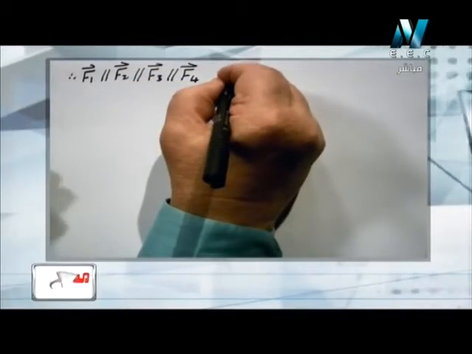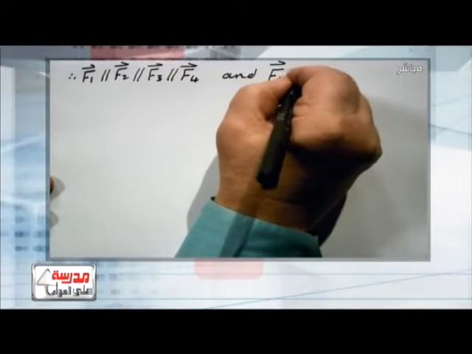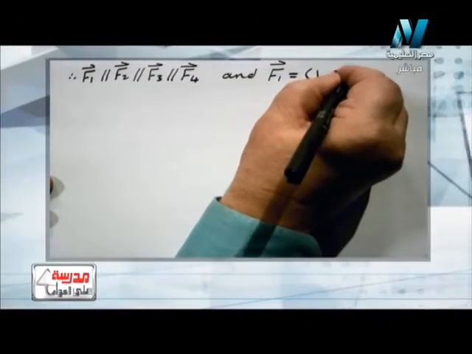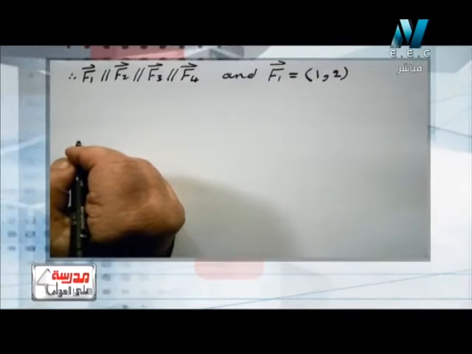And he says that also F1 vector equals I plus 2J. يبقى coordinate vector 1 and 2. And he says that they are parallel, and that didn't say in opposite direction or same direction. طب على طول أول حاجة استفيد من هنا إيه؟ F2 parallel to F1.